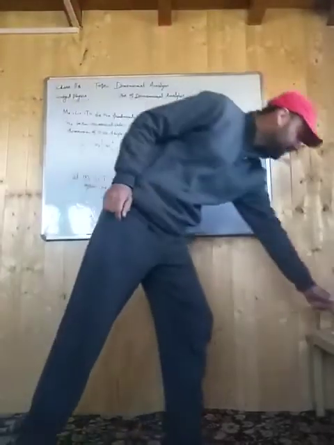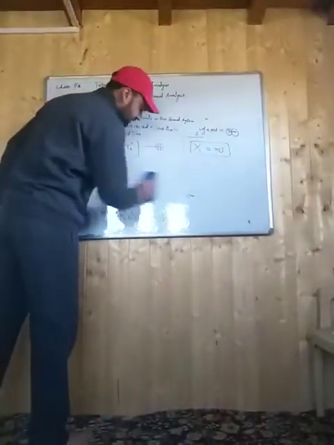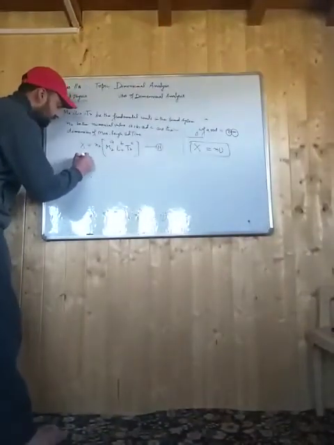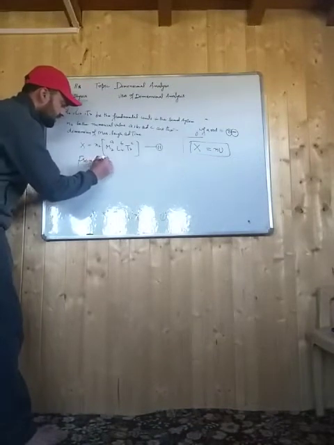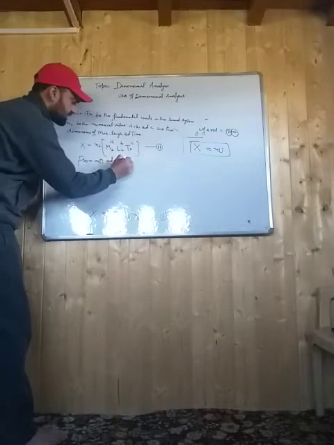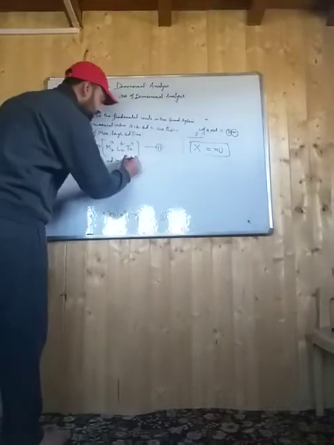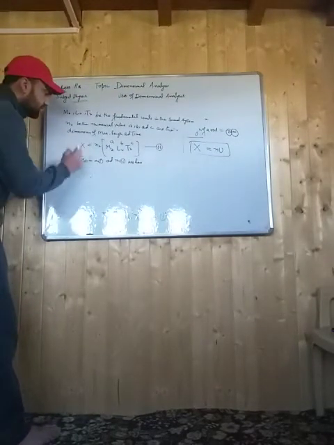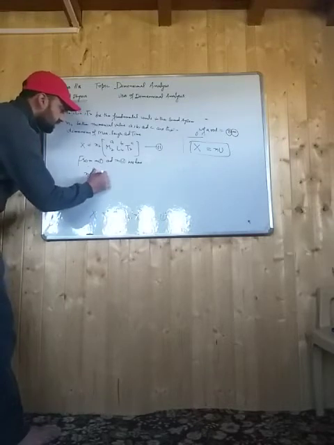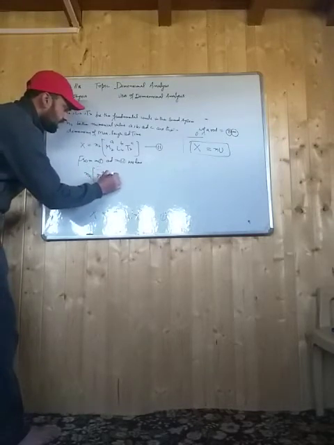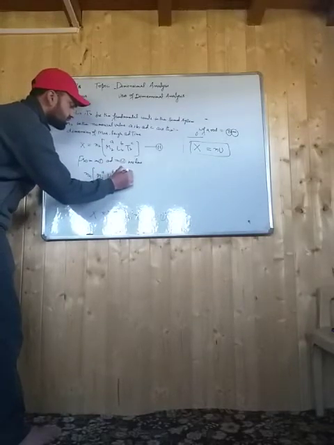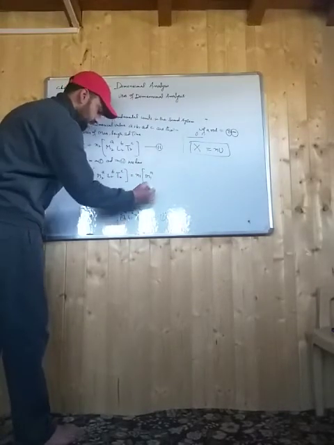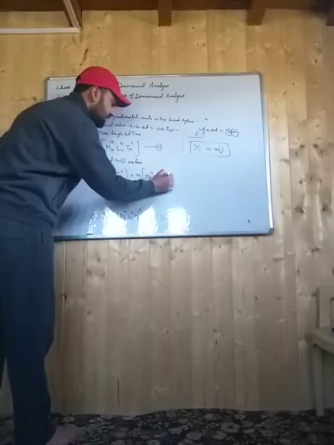Now we will compare equation first and equation second. From equation first and equation second, x will cancel on both sides. So n2 m2^a l2^b t2^c is equal to n1 m1^a l1^b t1^c.